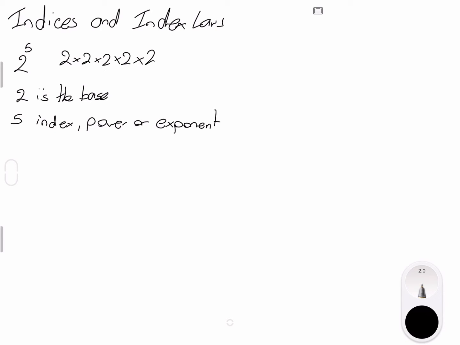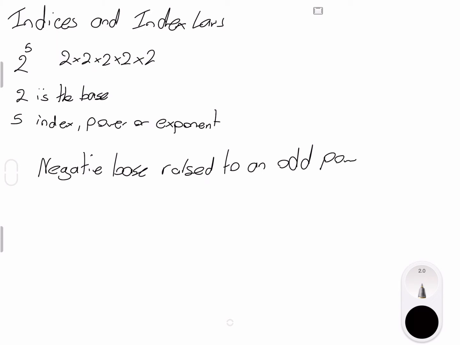If we've got a negative base and we raise it to an odd power, then the answer is going to be negative.